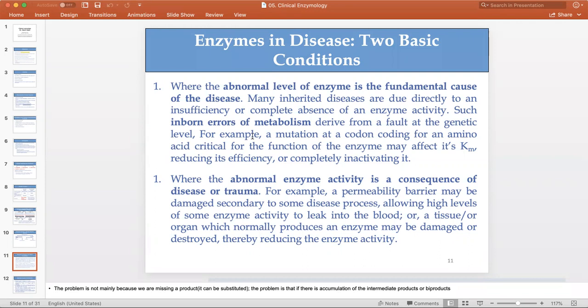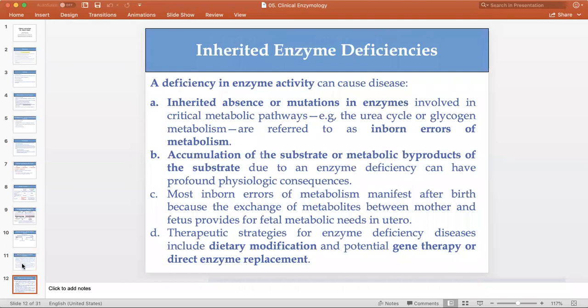So this lack of enzyme is causing the disease state. So if you see here, the abnormal level of enzyme is the fundamental cause of the disease. So this is one condition. The other condition is because of the disease or because of the trauma, there are abnormal enzyme levels. Makes sense?